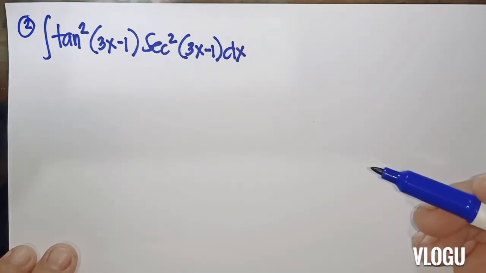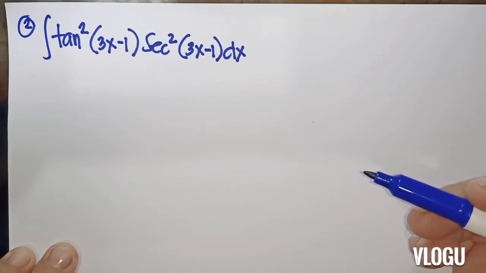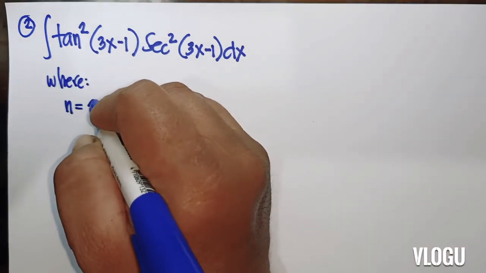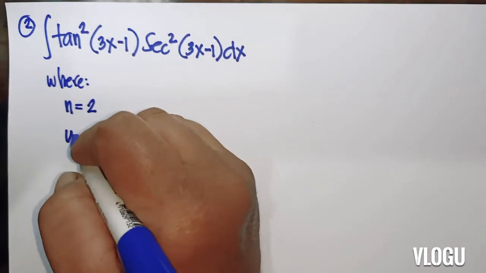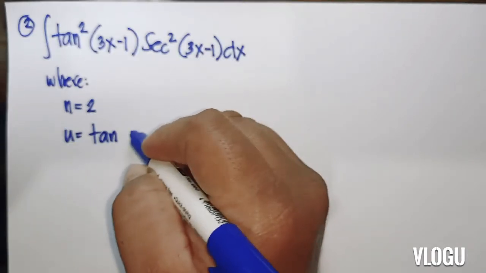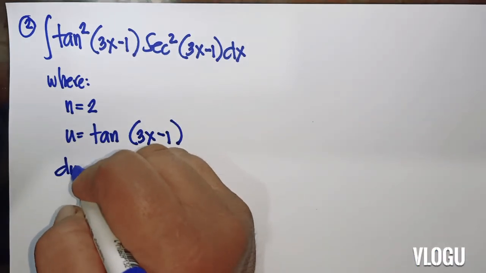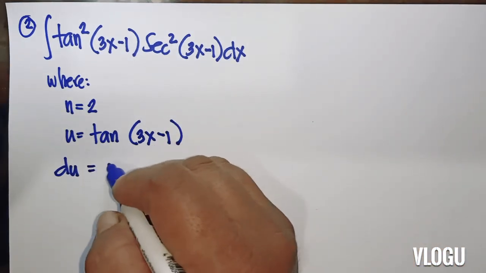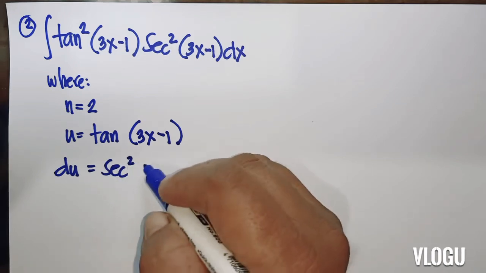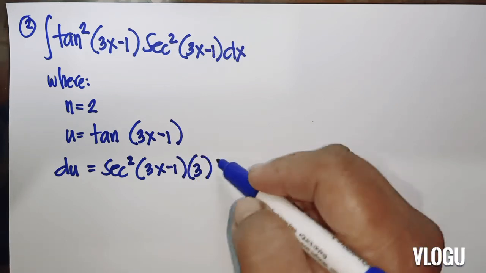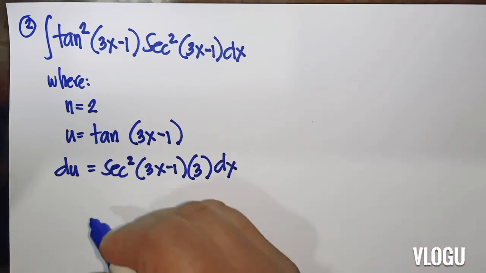For example, the integral of tangent squared (3x minus 1) secant squared (3x minus 1) dx. If you look at this, n is equal to positive 2, u is equal to tangent (3x minus 1), and du is equal to secant squared (3x minus 1) times 3 dx.